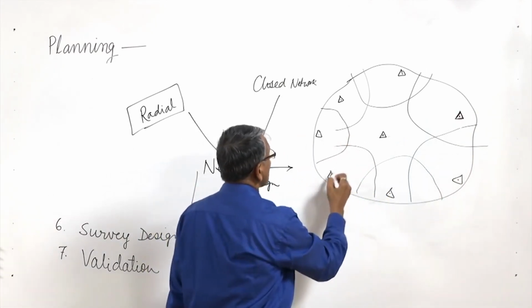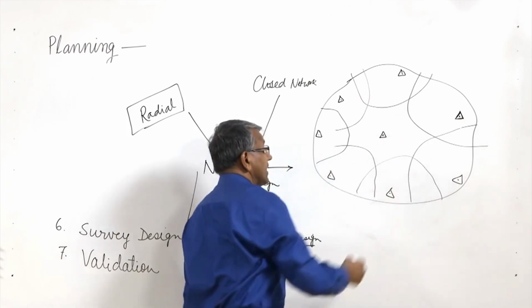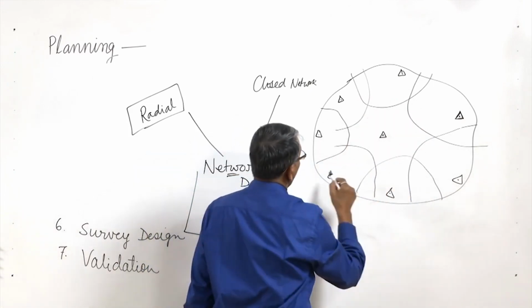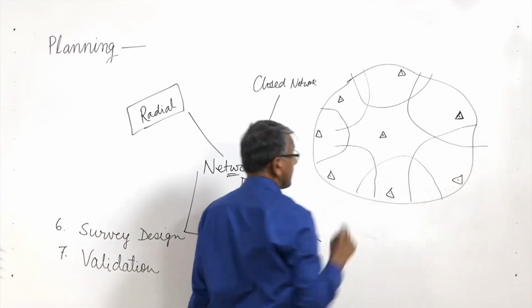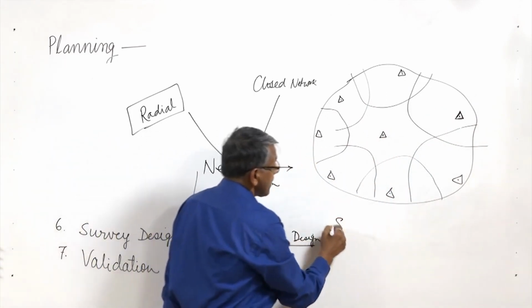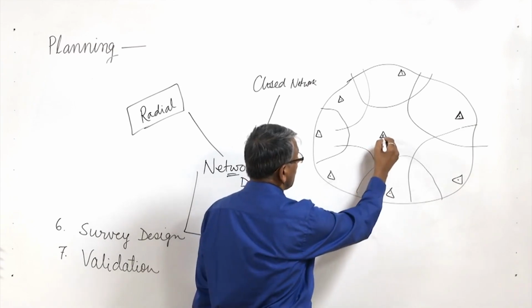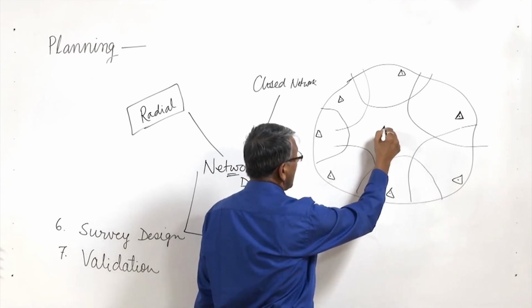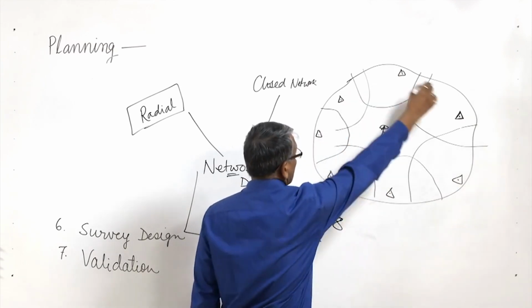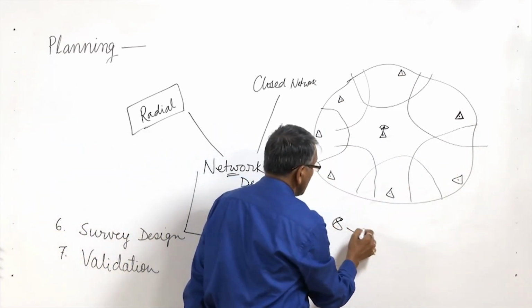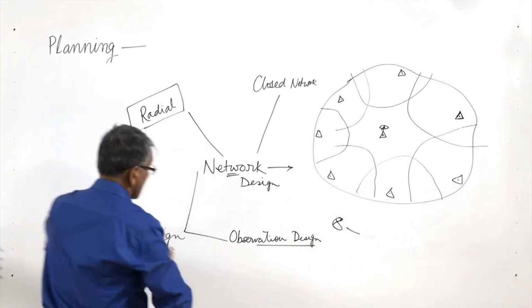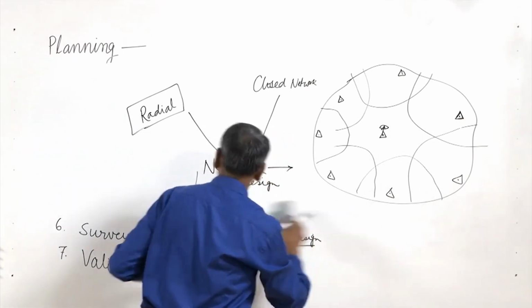Suppose this is the configuration of stations, 1, 2, 3, 4, 5, 6, 7, 8. If I have 8 receivers, I will simply place one at each station. But if we have fewer than 8, then the question comes of how to place the receivers.